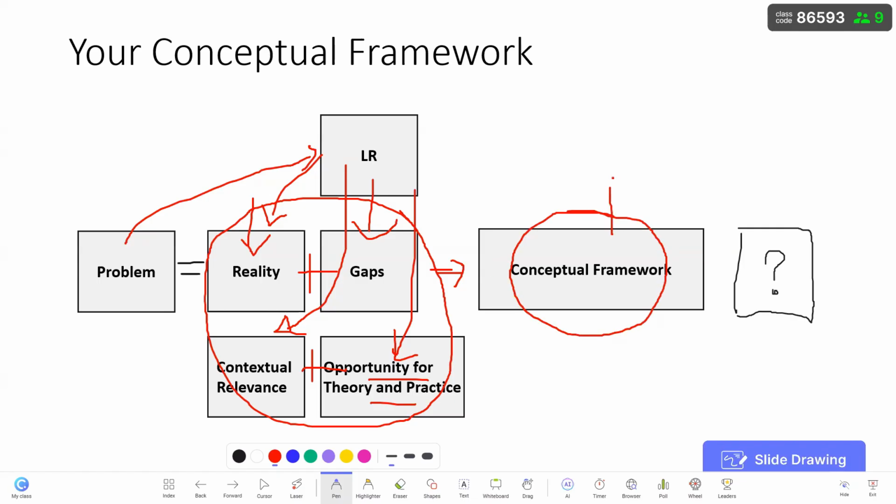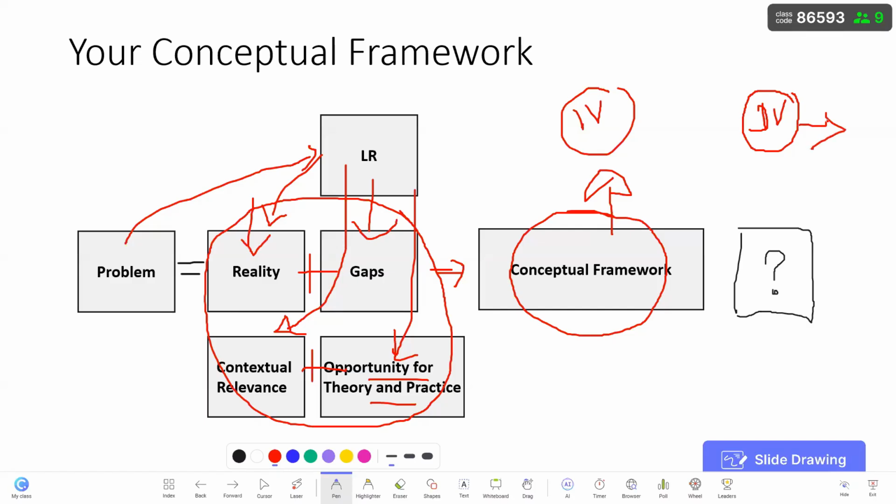So how can you develop your conceptual framework? Simply, once the problem is identified and realized, you need to identify what the dependent variable is and what the independent variables of the problem are. Normally, we take the problem as the dependent variable mostly, but that depends, right?